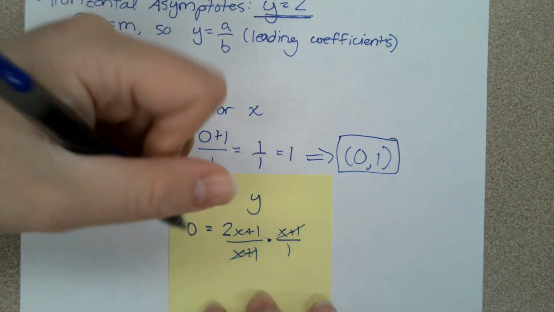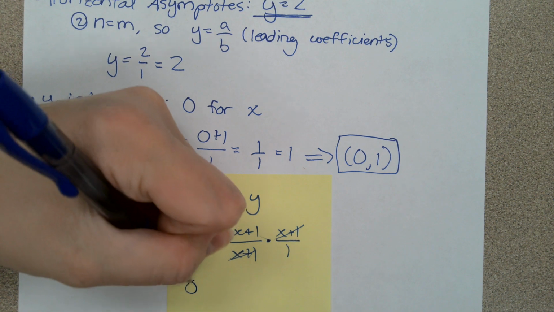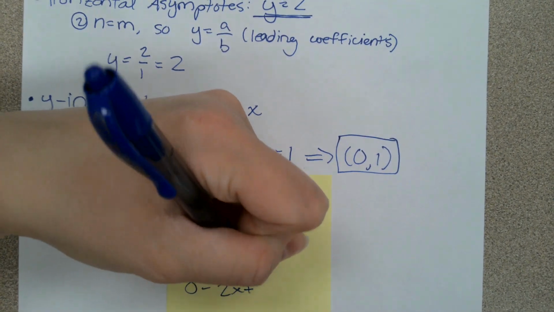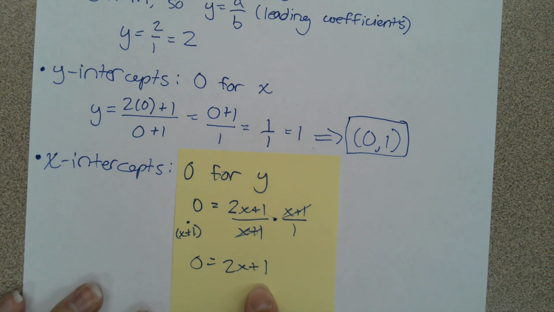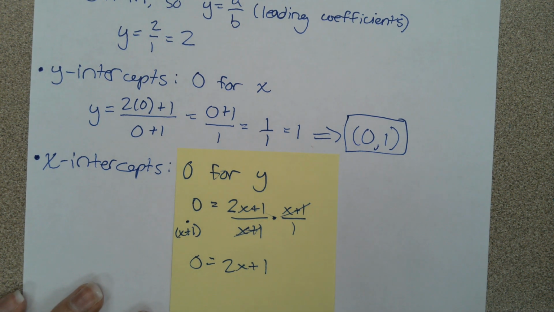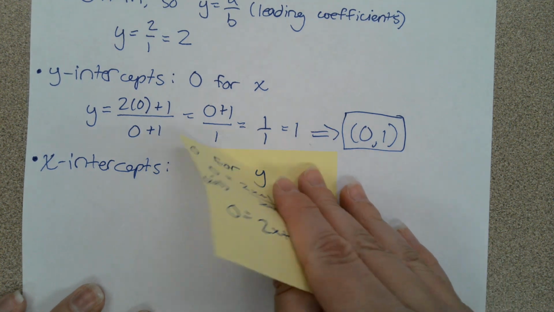These will cancel. Multiply by x plus 1 over here. Well, that's still 0. So basically, it's as if I just take the numerator and set it equal to 0 and get my answer. And this works every time, because when you have something on the bottom and you need to get rid of it, you have to multiply it off, and you'll be multiplying by 0 on the left. So there's really no point in considering it.